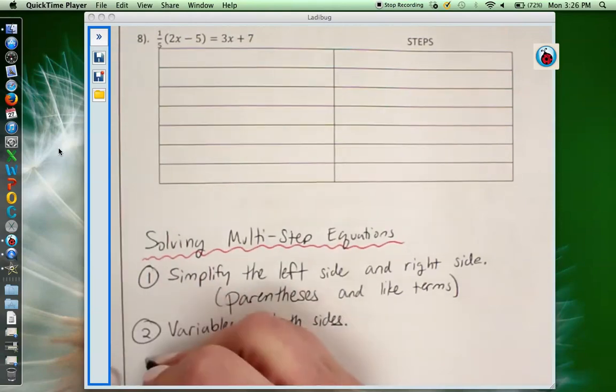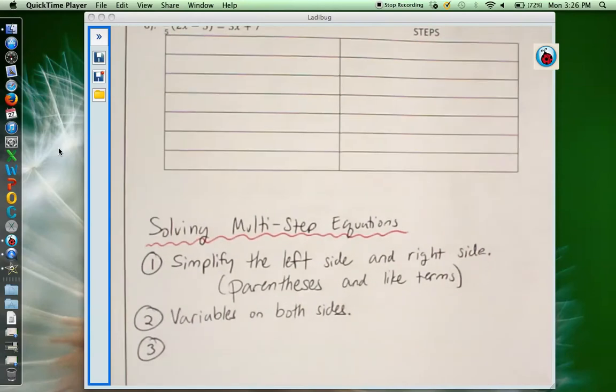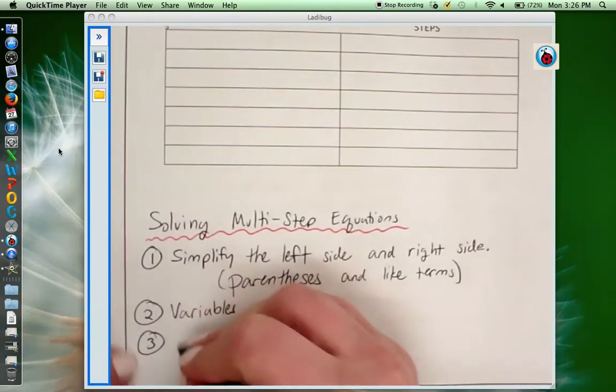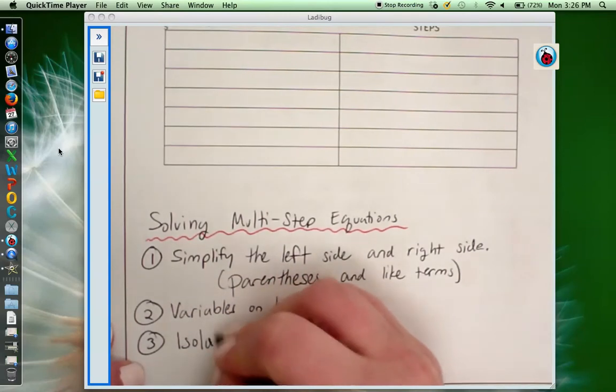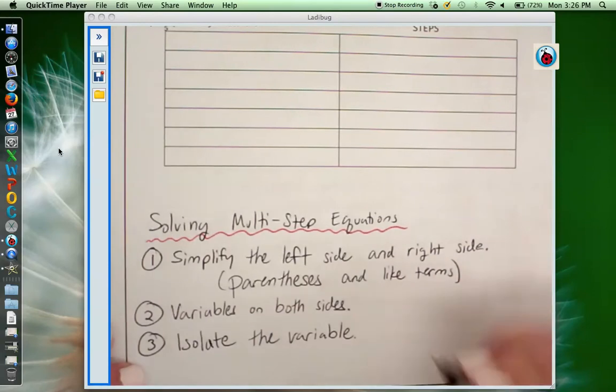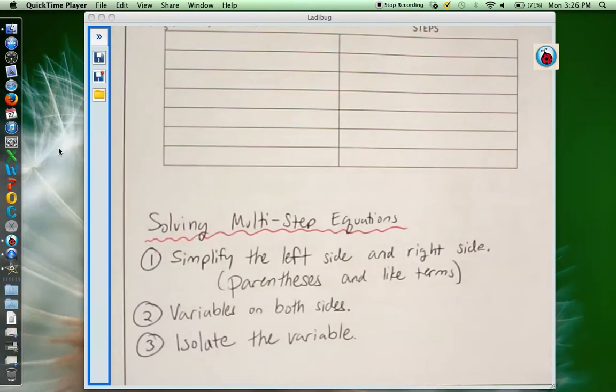And then the last thing you need to do, once the variables are all in the same place, then you can work on isolating the variable. And that means you're adding things to both sides, you're dividing things on both sides, doing whatever you need to do to get rid of the numbers that are near the variable so that you get x equals or n equals. You get that variable all by itself. And those are pretty much the 3 steps for solving a multi-step equation.